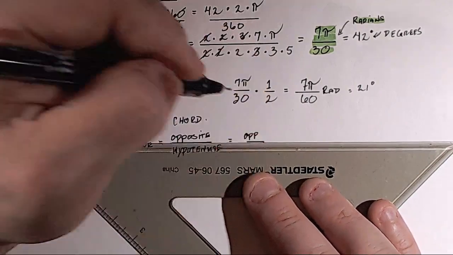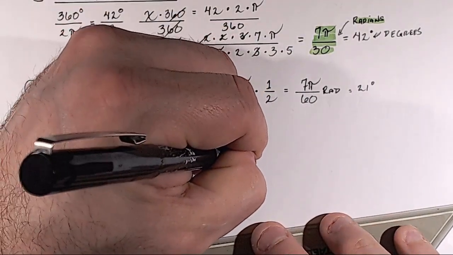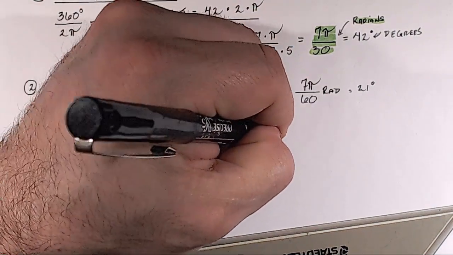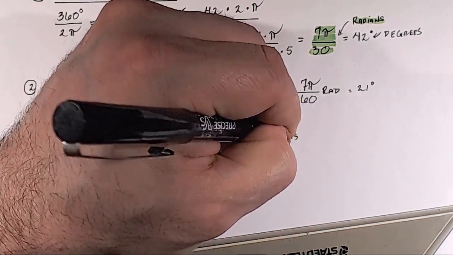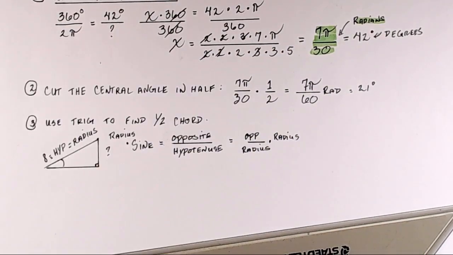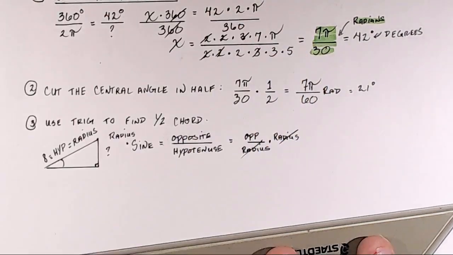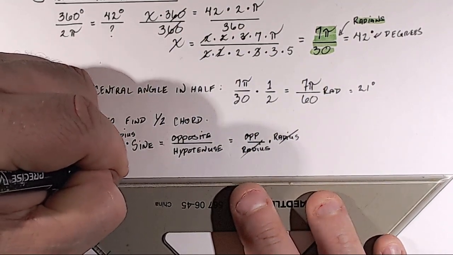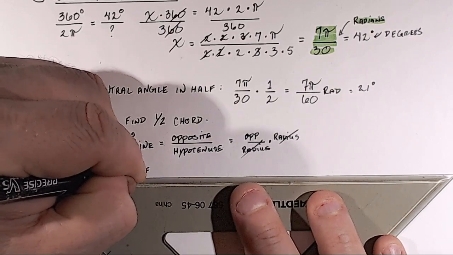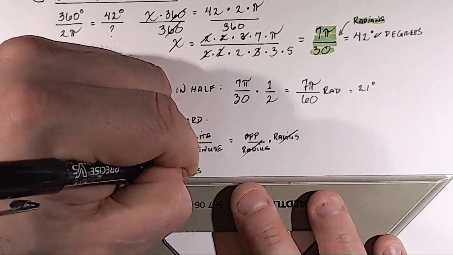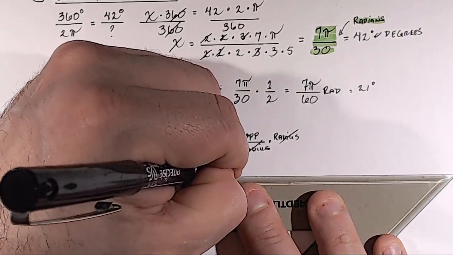That's half the chord length, and then the hypotenuse here is the radius. If I want to find that opposite side, half the chord length, I need to multiply both sides by the radius. That cancels out right here, and what I'm left with is the opposite side equal to the radius times the sine.